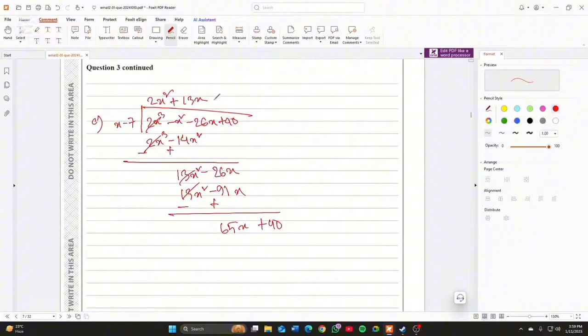Now we multiply with 65 to get 65x, minus 65 times 7, which is 455. Okay, so the remainder is 455 plus 40, which gives us 495.